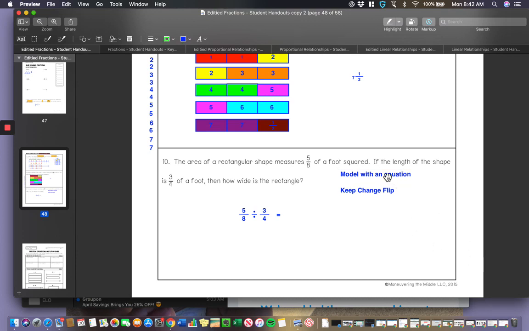All right, so you can model it with an equation. An equation has an equal sign, expressions do not. If it has an equal sign, then it is an equation. So again, you can just keep, change, flip here in order to get your answer on how wide is the rectangle.